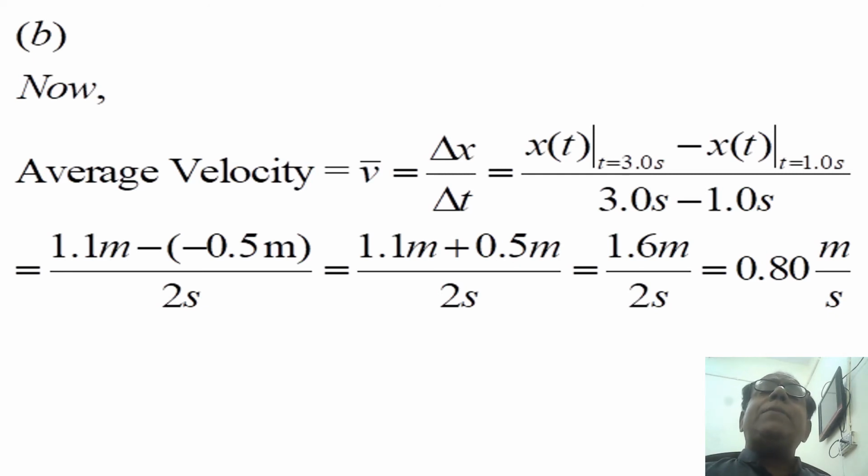This alternatively becomes equal to x(t) at t equal to 3.0 second minus x(t) at t equal to 1.0 second, because here delta x means final position minus initial position.